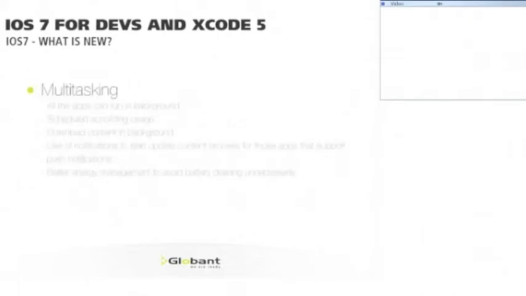And then there's multitasking. The implications for a developer from the multitasking point of view is not just your application running in the background. The implication of multitasking is that you are allowed to schedule background jobs as an application developer.